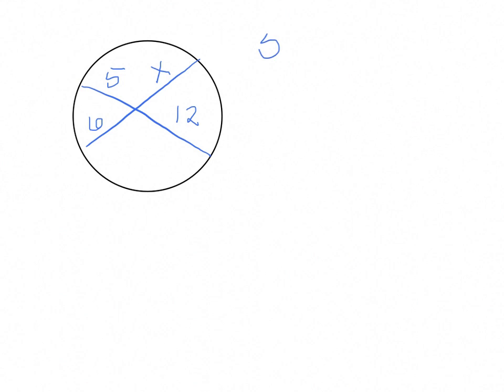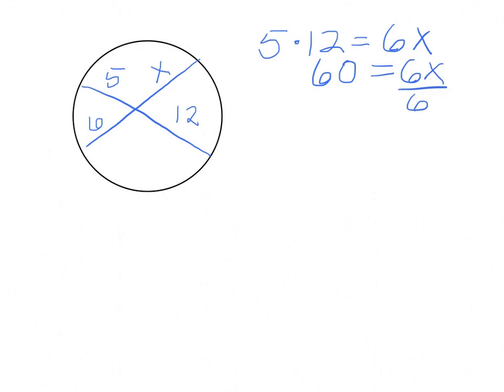So we can say automatically that 5 times 12 equals 6 times x. And that leaves us 60 equals 6x. And then we divide by 6. And so 10 is equal to x. And we are done at this point because we wanted to find x.